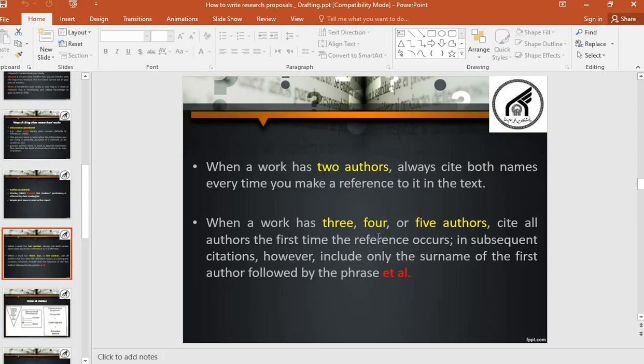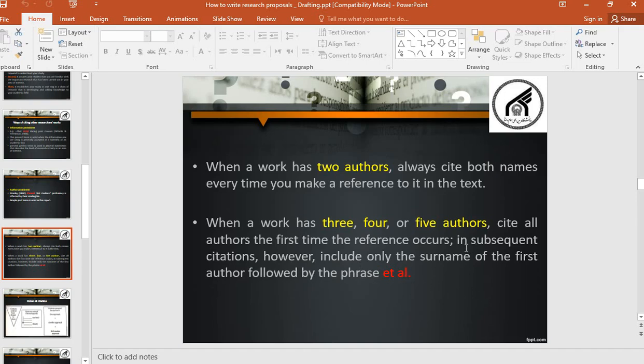Authors, the first time the reference occurs, and in subsequent citations, include only the surname of the first author followed by the phrase et al.